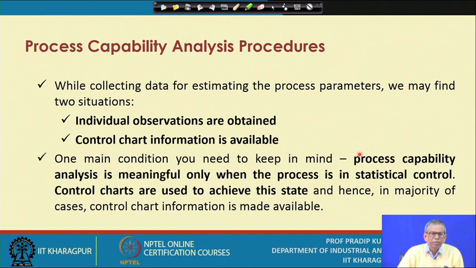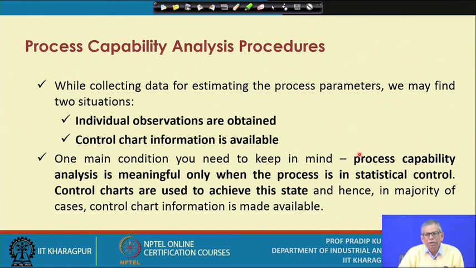So the control chart is one such tool. Prior to estimating the process parameter values, it is assumed that you have been using the control chart for a substantial period of time, and you have achieved this condition, that is the state of statistical control.